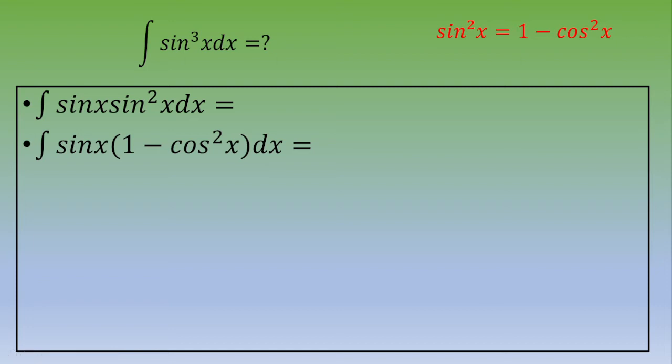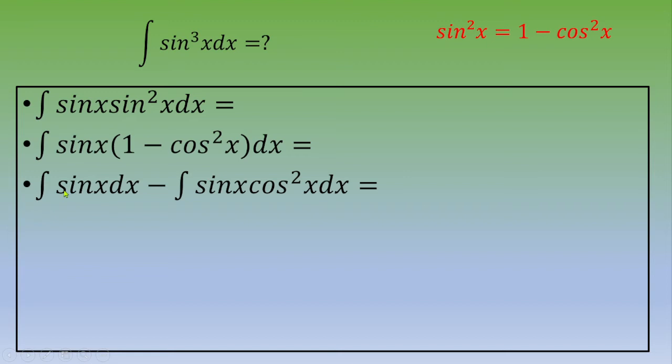If you expand, you end up with the integral of sin x dx. This first integral is easy to calculate, minus the integral of sin x times cos squared x dx.